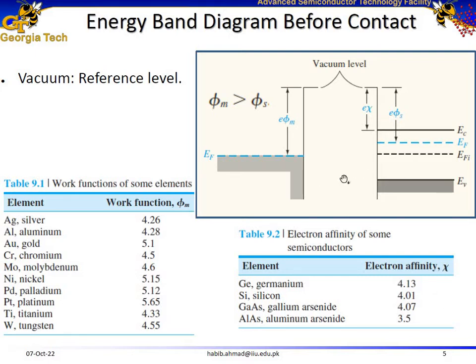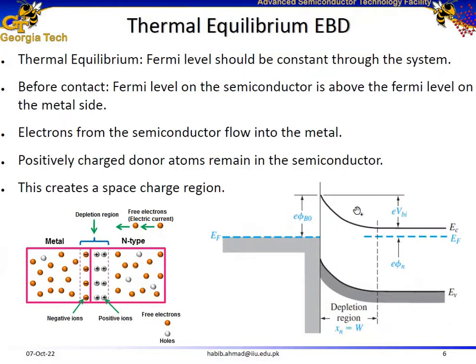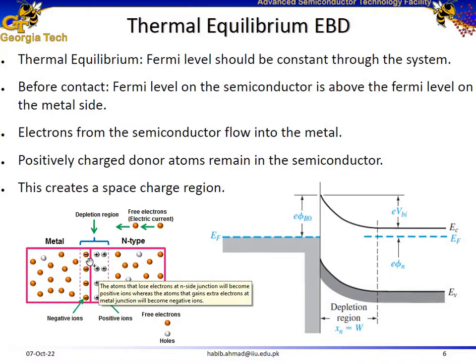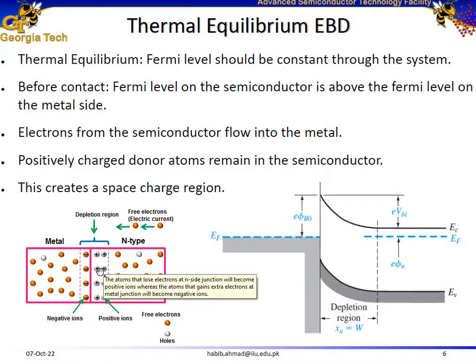But if we bring them together under thermal equilibrium, we should have a constant Fermi energy level, which means we have to bring down this level over here. And by bringing it down, we also observe band bending on the semiconductor side, which means that electrons have flown from the semiconductor side to the metal side, resulting in a depletion region, leaving behind positive ions inside the semiconductor material.